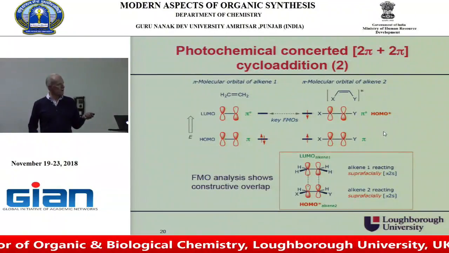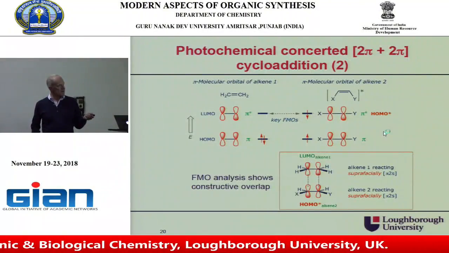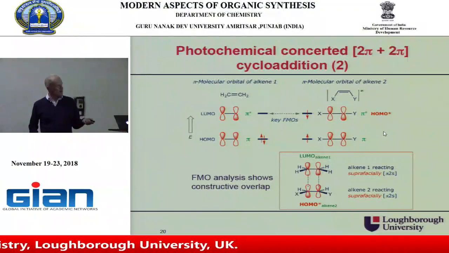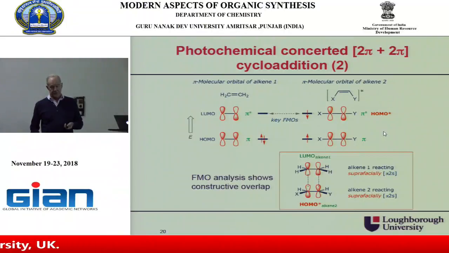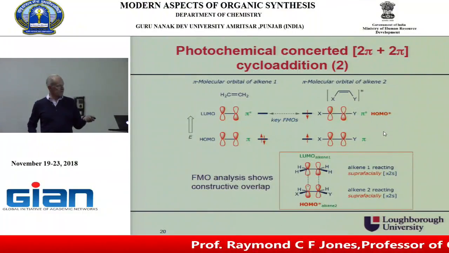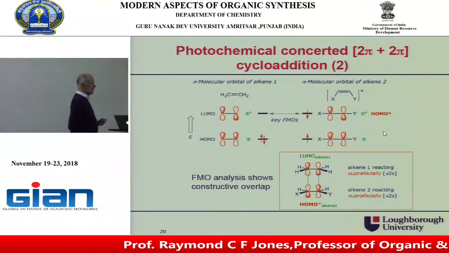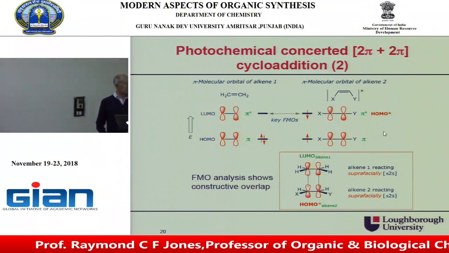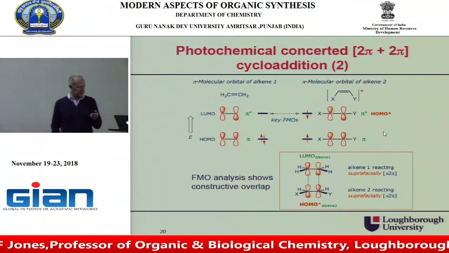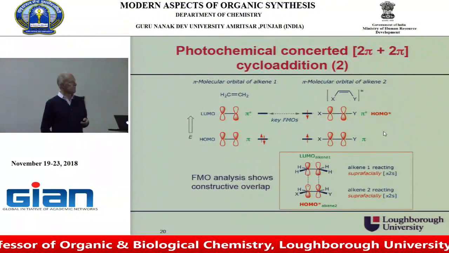But if you take the top one, the LUMO and star, new HOMO, again you get two constructive interactions. So they can both react suprafacially, so they don't have to do any twisting. So geometrically this is favourable. So that really explains why the photochemical 2+2 does work, while the thermal one didn't, except in the special cases.